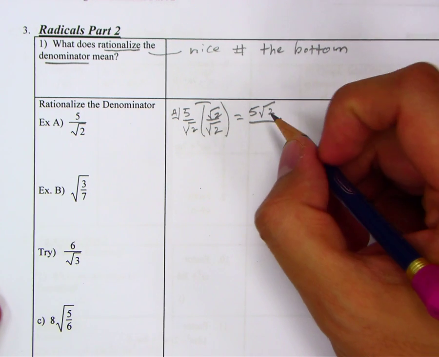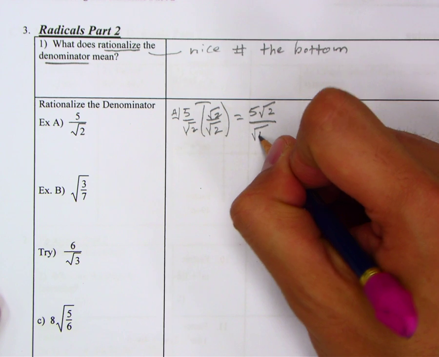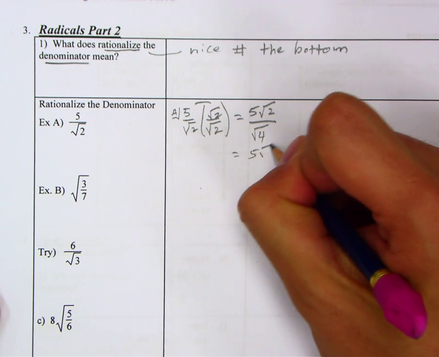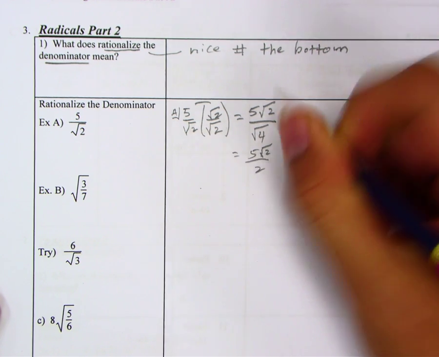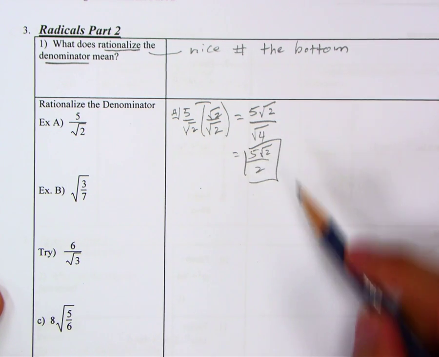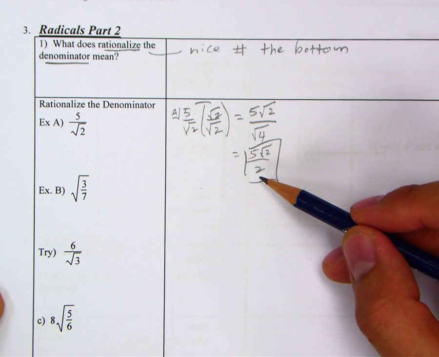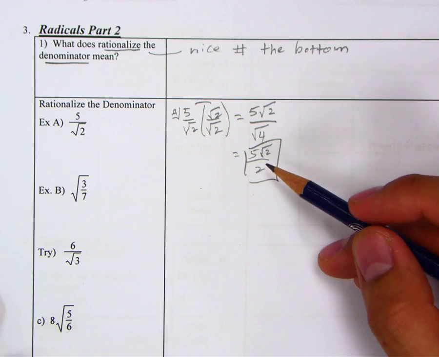Square root of 2 times square root of 2 is square root of 4, which is 2. So that's your answer. The reason why is because 2 is a nice number, and square root of 2 was not a nice number. So all they ask us to do is make the bottom a nice number.